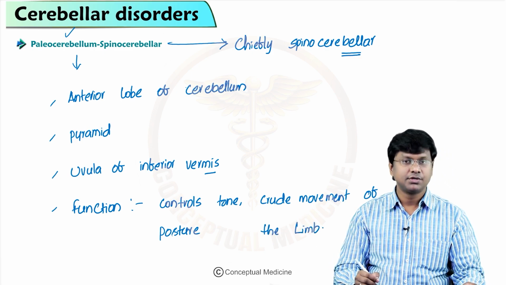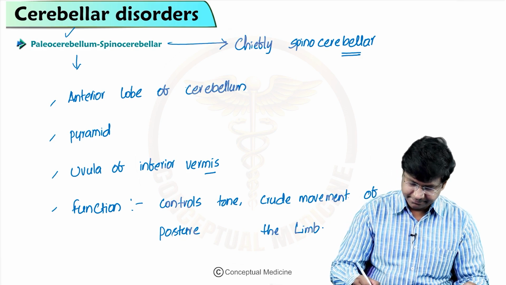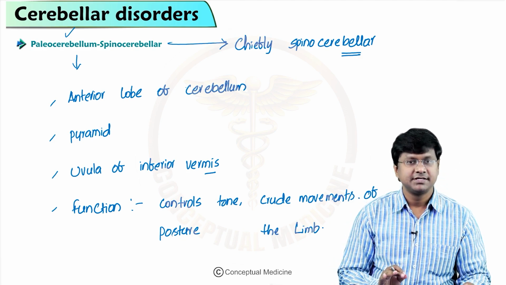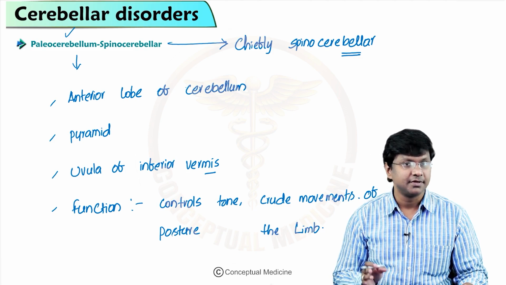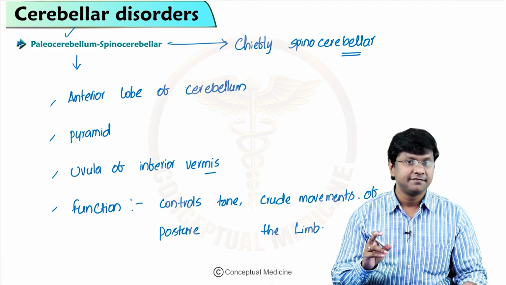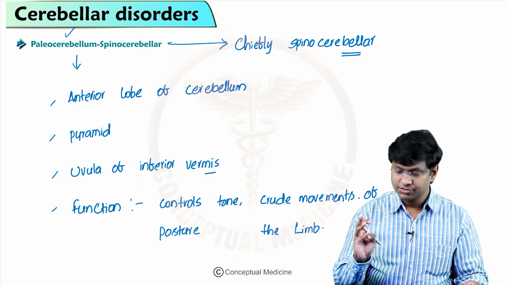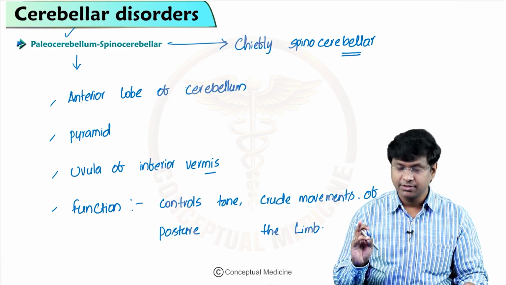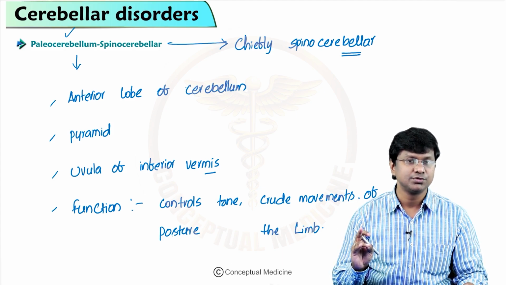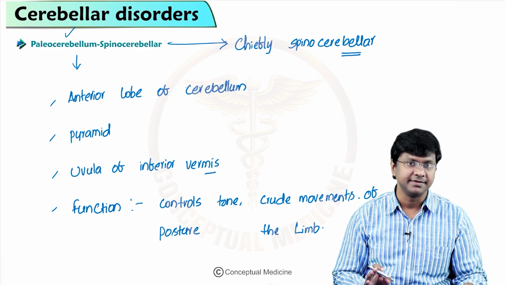Whereas the archicerebellum controls the axial musculature and the bilateral movements used for locomotion and maintenance of the equilibrium.